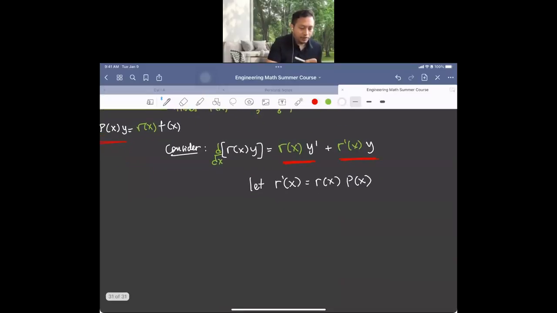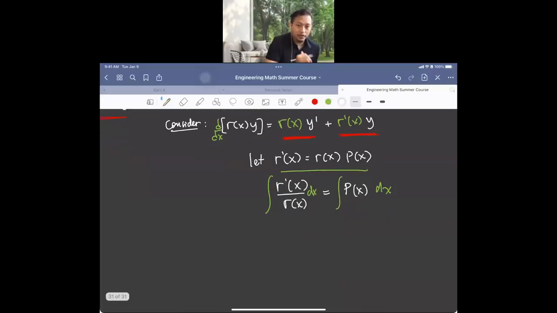If we make it this way, then we can separate the functions, r on one side and p on the other side. We integrate with respect to dx on both sides to see what kind of relation we have. Now we have ln r(x) for this r prime over r, right?